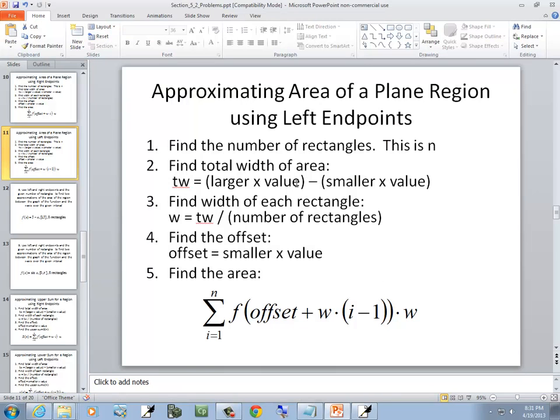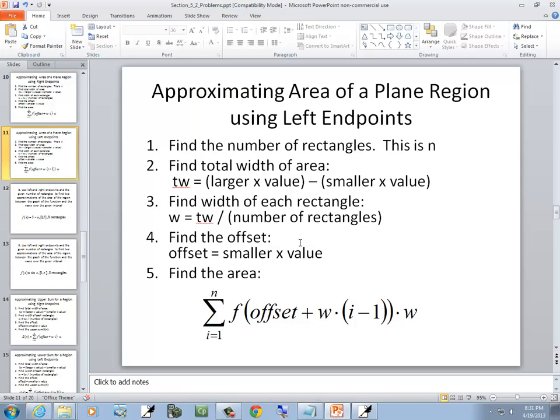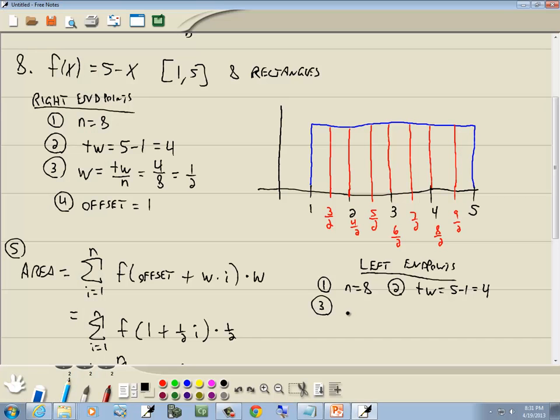Find the total width of the area. Larger x value minus smaller x value. Well, TW is equal to 5 minus 1, which is still 4. A lot of this doesn't change. Step 3, find the width of each rectangle. W is equal to TW divided by n. Well, TW is 4, divided by n, which is 8, which gives us 1/2.